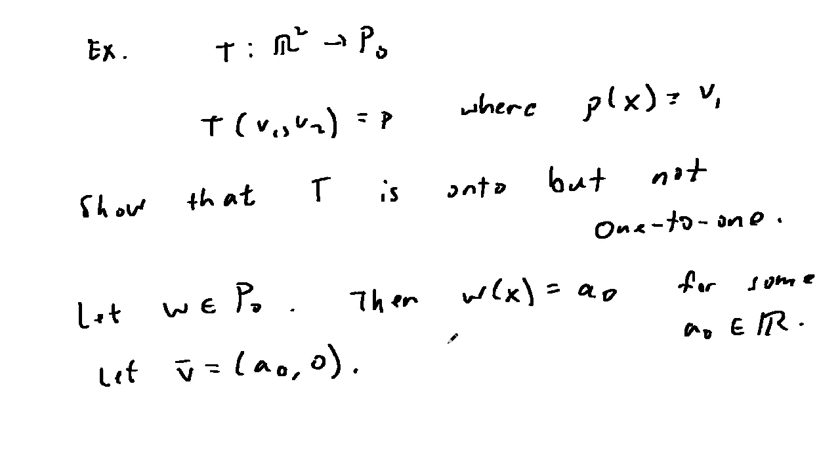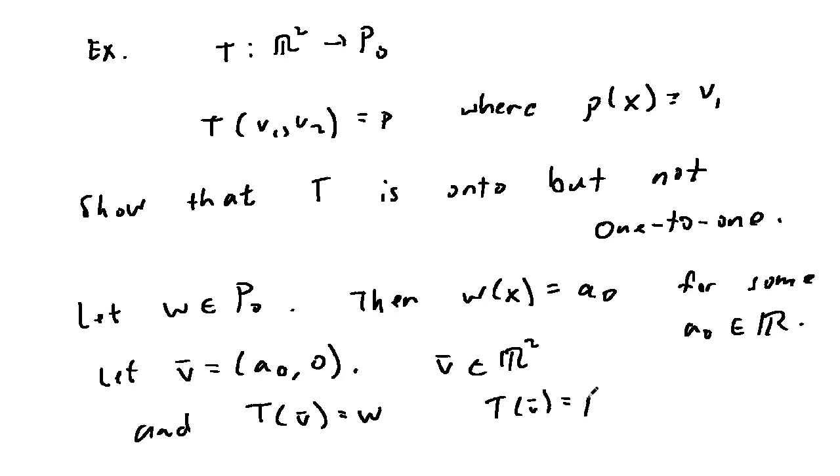Then V lies in R2, and T of V is equal to W, because T of V is equal to the polynomial P, where P of X is equal to the first coordinate here, A0.